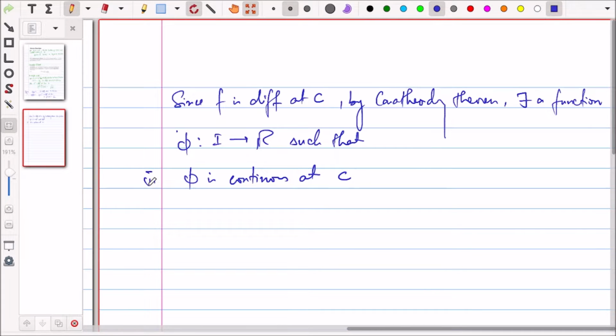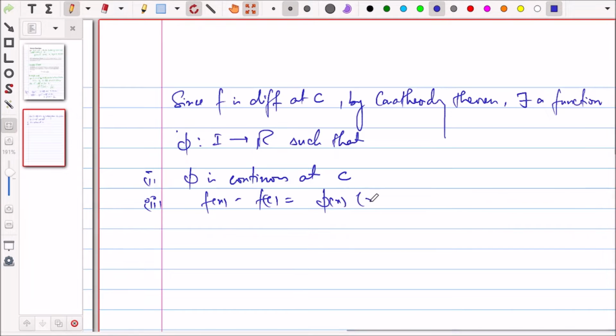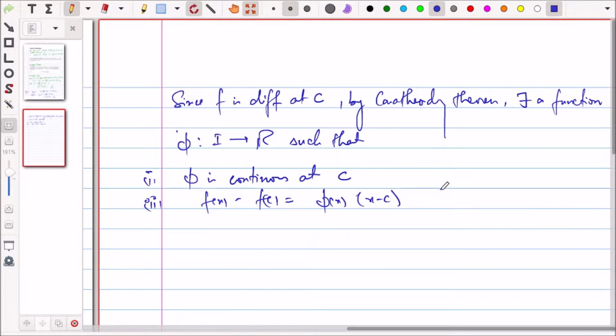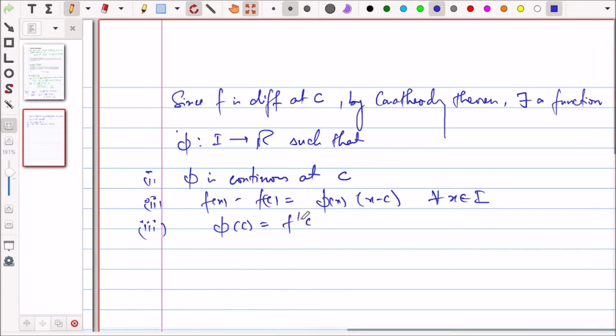Phi will be continuous at C. Second, fx minus fc will be equal to phi x times x minus c, right? For all x belonging to I. And third, yes, what is the third property? Phi of c is equal to f dash c, right?